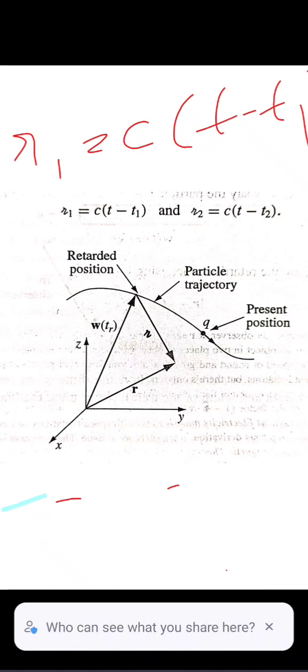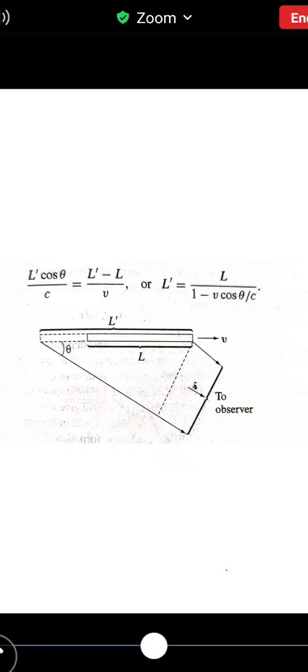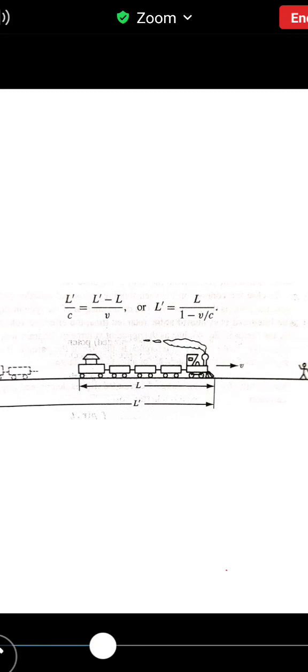So we calculated the correction factor. I forgot to mention another interesting point about this figure. This is for the approaching train.